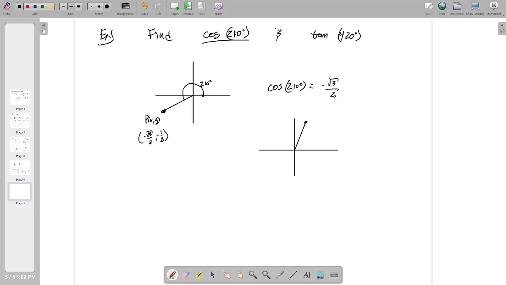So if our point here is P(x, y), this would be 1/2, root 3 over 2. If you look at the unit circle, our angle looks like this. It's 420 degrees.